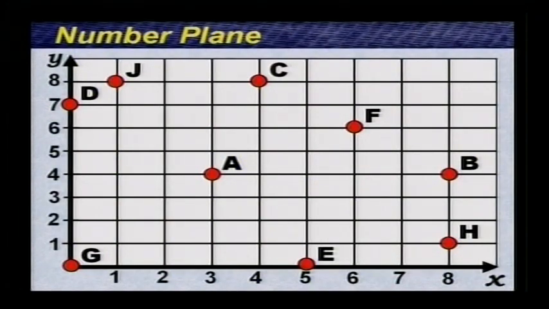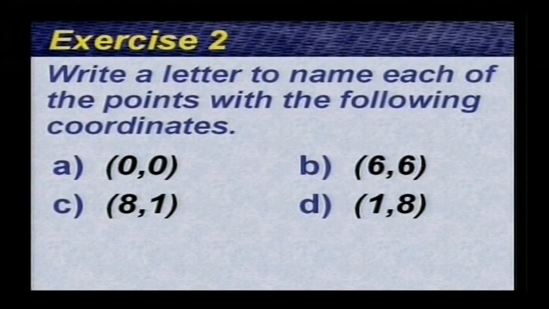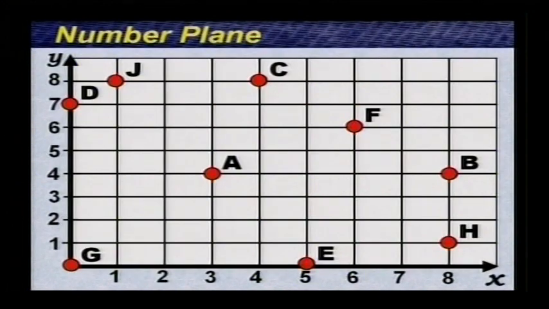Okay, we'll now go on to the second activity. Exercise 2, you are to write a letter to name each of the points with the following coordinates. To the receiving teacher, these are the coordinates that the students will work out. The letters will be found on the same number plane that they have used for exercise 1.